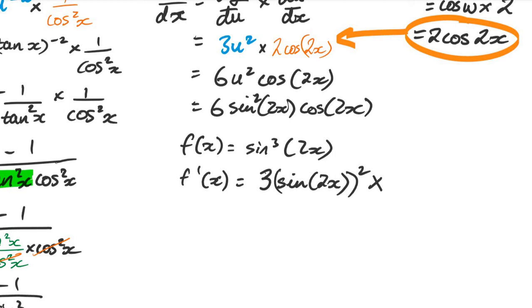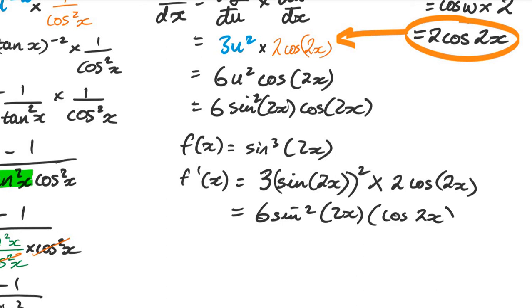The derivative of this is 2 cos 2x. Which works out to be the same.